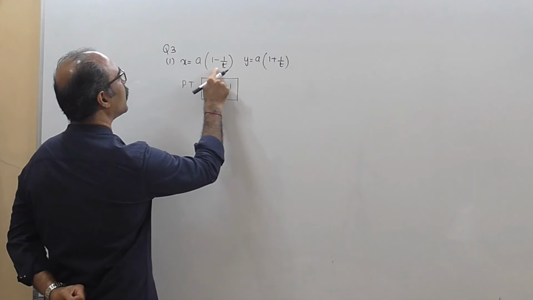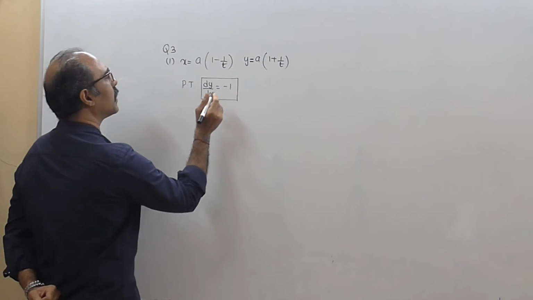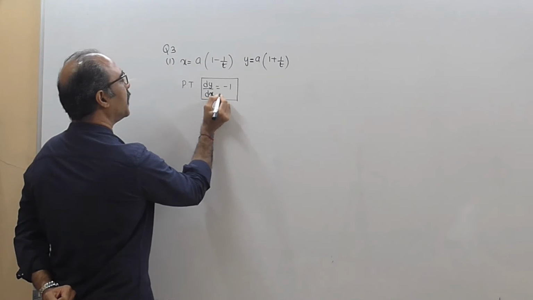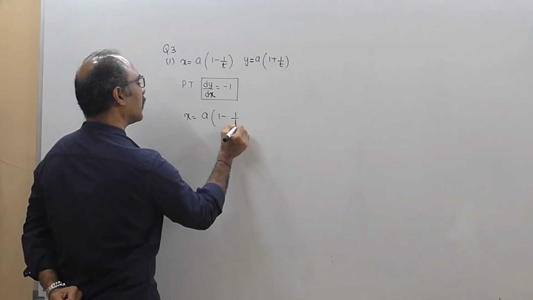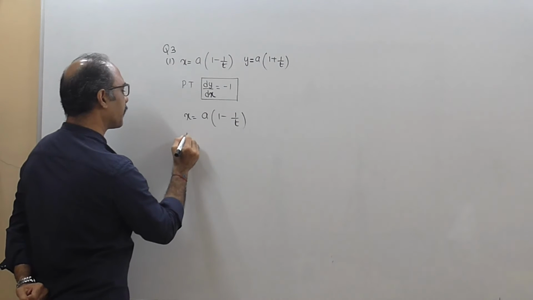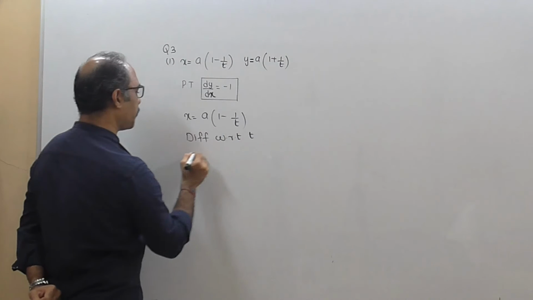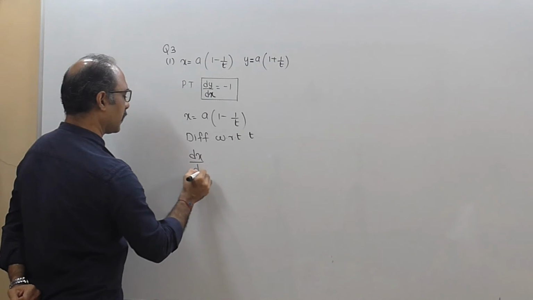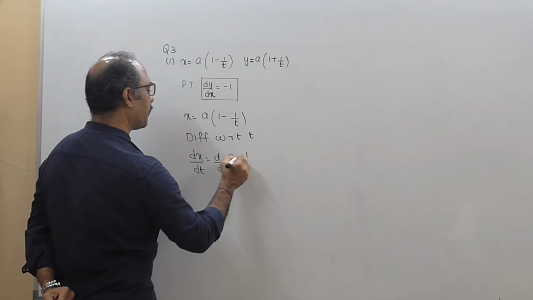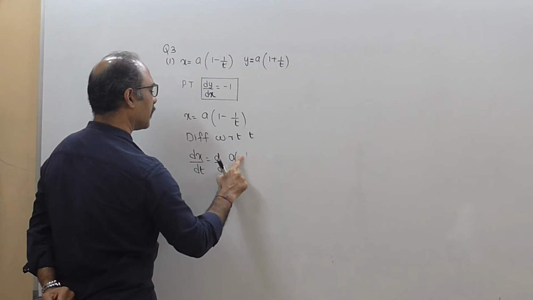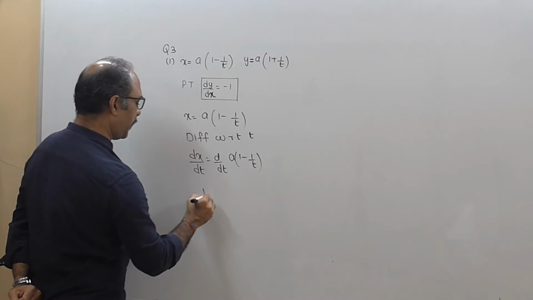Question number 3.1, x equal to a into 1 minus 1 upon t, y equal to a into 1 plus 1 upon t. You have to show that dy by dx equal to minus 1. So you got x equal to a into 1 minus 1 upon t, differentiate with respect to t. dx upon dt equal to d by dt of a into 1 minus 1 upon t.